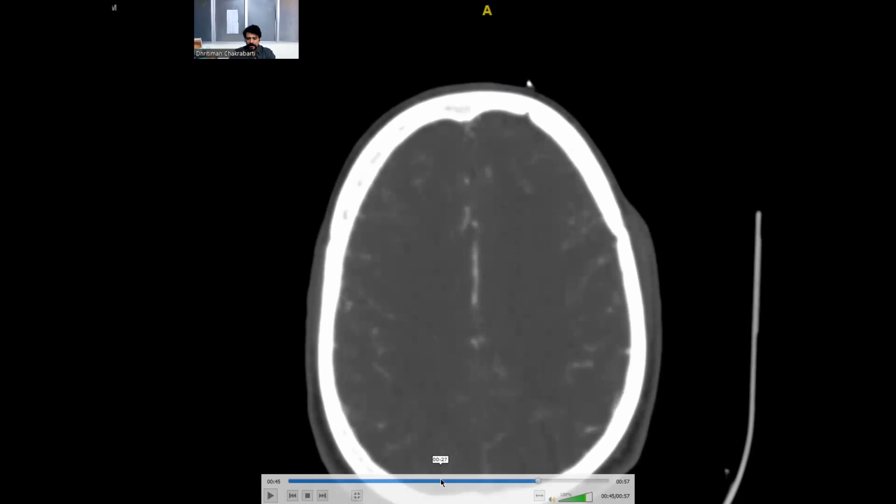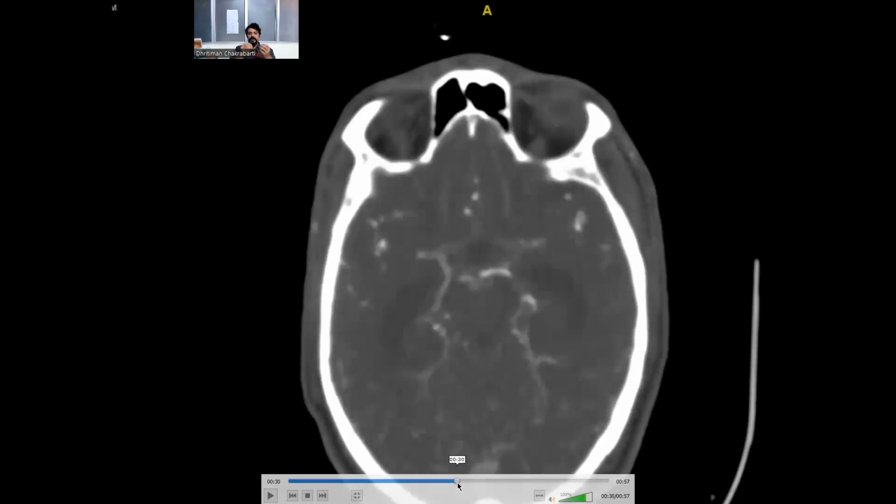Now let's go back and look at the MCA arteries. The middle cerebral arteries start from the ICA and go laterally. After that, they will have a major bifurcation or trifurcation. That portion from the ICA bifurcation till the MCA bifurcation is known as the M1.